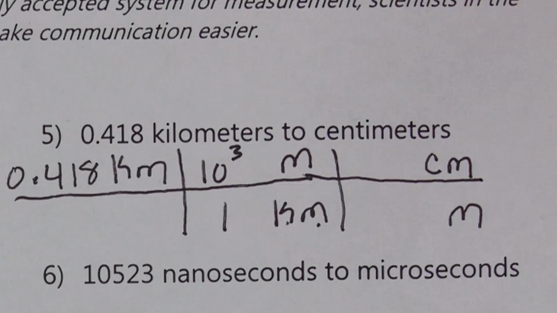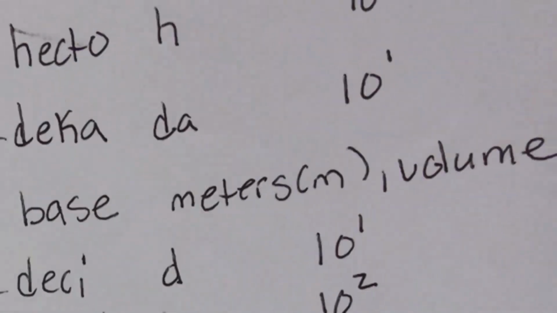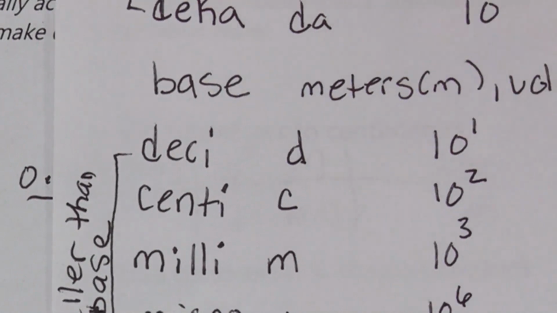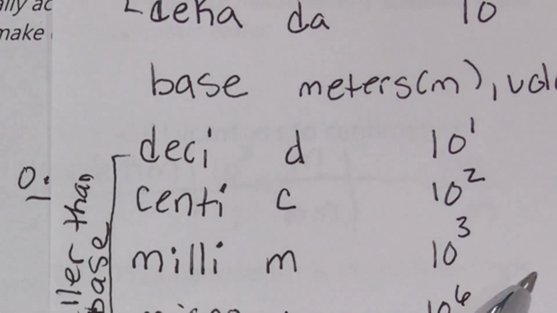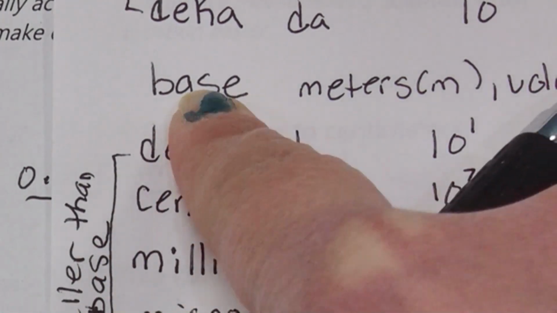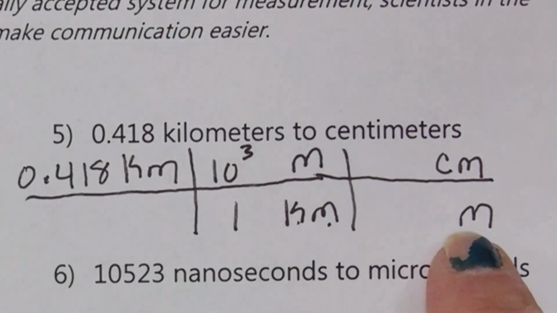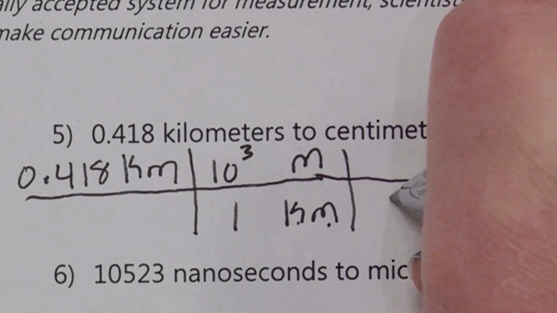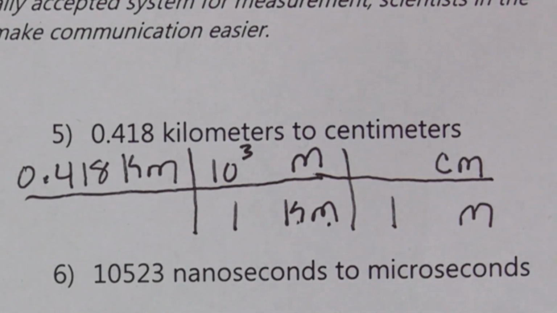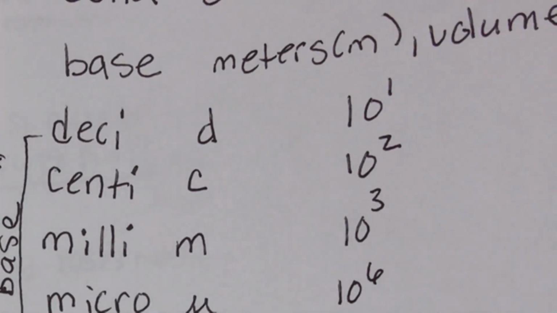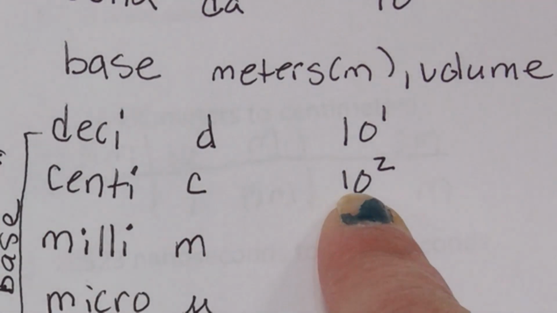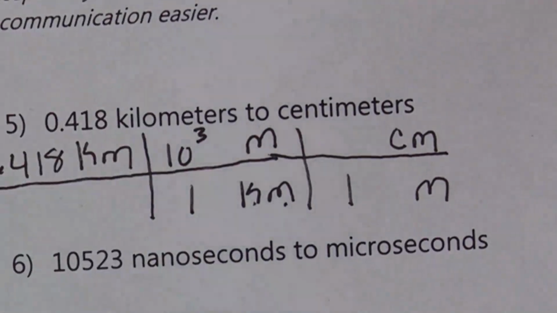Now, the larger value always gets the 1. So when I look at my conversion, centi is smaller, the base is larger. So the base is going to get the 1. The base is the meter, so I put a 1 in front. And so what value do I put in my centimeter? I'm going to put a 10 to the second.